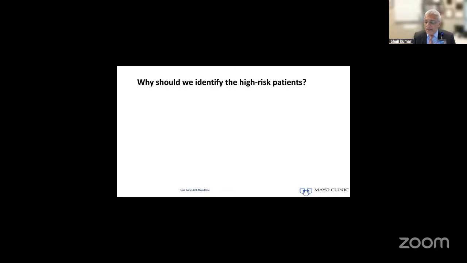So the question then is, how do we identify the high-risk patients? The other important question is, why should we even bother identifying them? Here we can see what we do today in the clinic. We see the patients with myeloma. We know the high-risk patient survival is decreased. There are patients with intermediate risk, whose survival is in between the standard-risk and the high-risk patients.